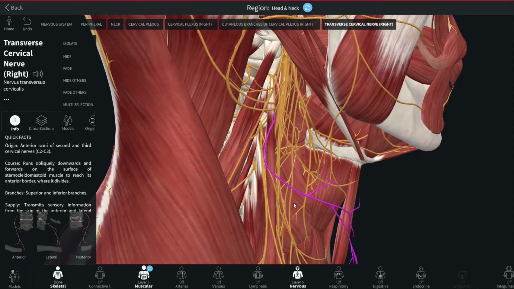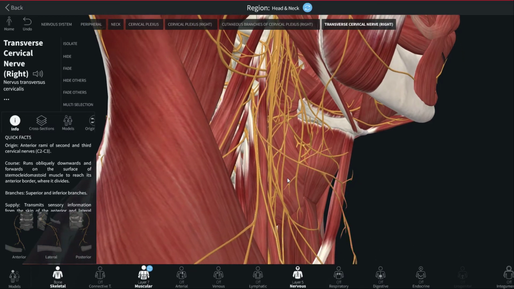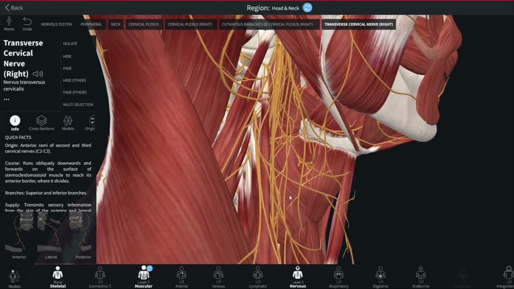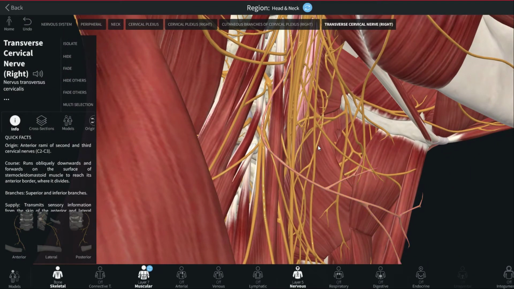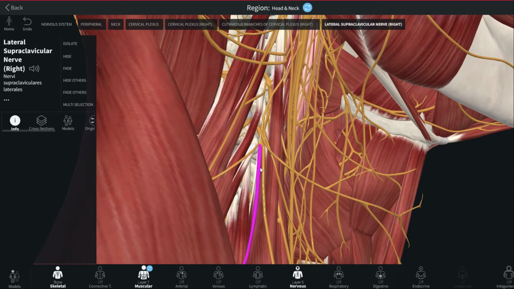And the last nerve which remains is the supraclavicular. Now, the supraclavicular nerve is not just one nerve, it's a group of three nerves. So we have to look for a group of three nerves. Let's try to find them, shall we? This over here looks promising, and that is the lateral supraclavicular nerve.